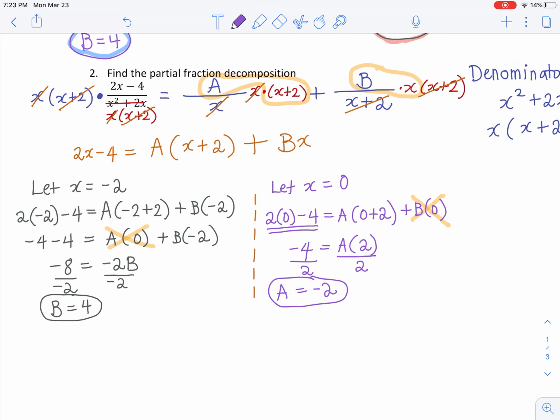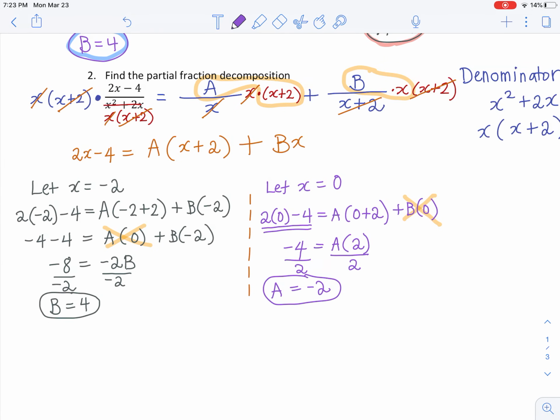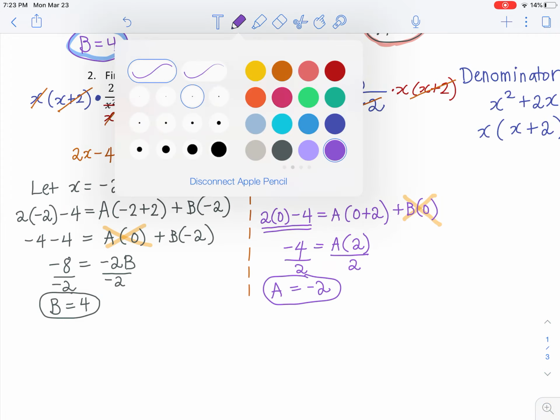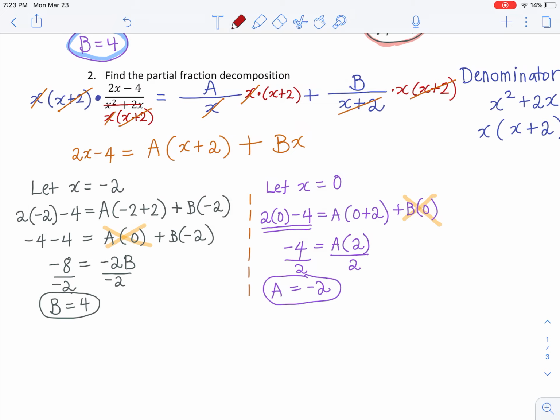All right, it's time for us to write the final answer. Remember, to write the final answer, we need to go back to the setup that we had at the very beginning. We need to write a over x, then that will be negative 2 over x plus b over x plus 2.